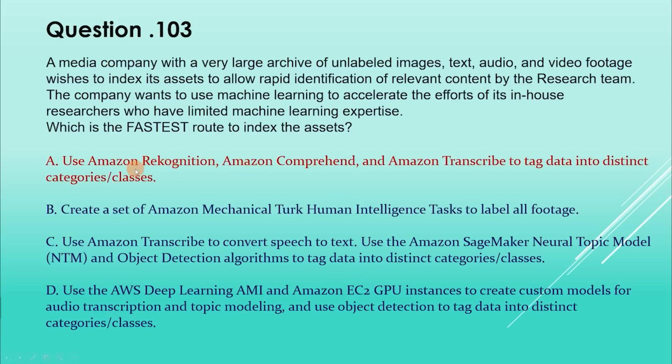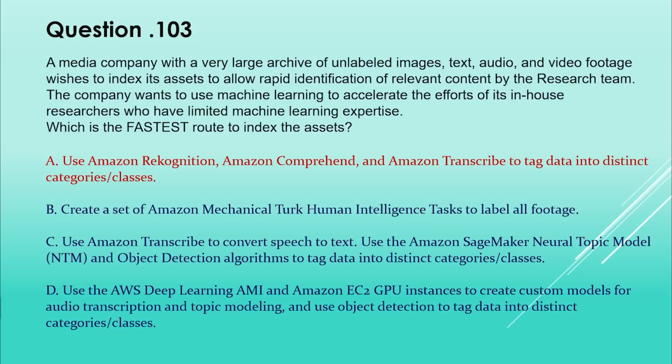Option A is correct here. Use Amazon Rekognition, Amazon Comprehend and Amazon Transcribe to tag data into distinct categories or classes, because these services provide pre-built machine learning models that can be used to tag the content in the archive without the need for building custom models from scratch.